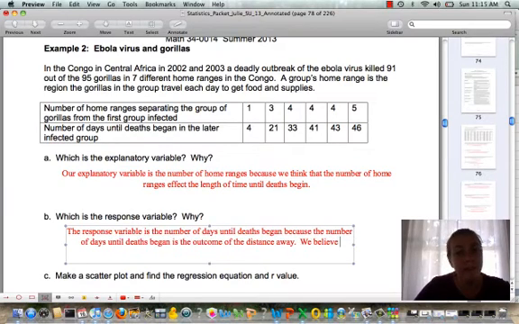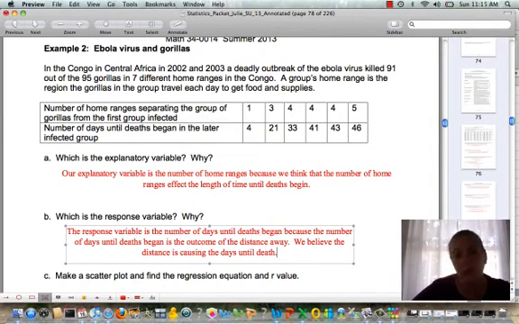We believe the distance is causing the days till death. Okay, this is a very grim example here with these gorillas dying.